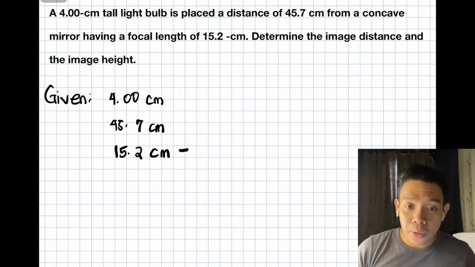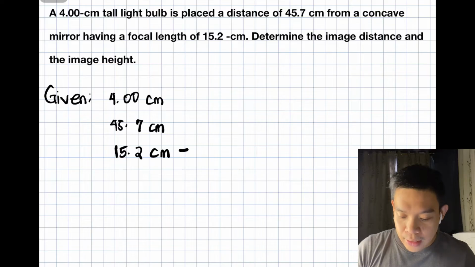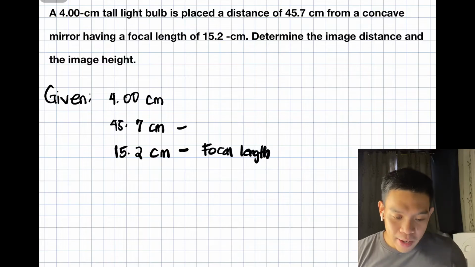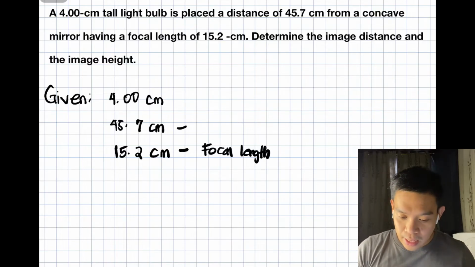So 15.2 cm is our focal length and 45.7 cm is the distance at which it is placed.